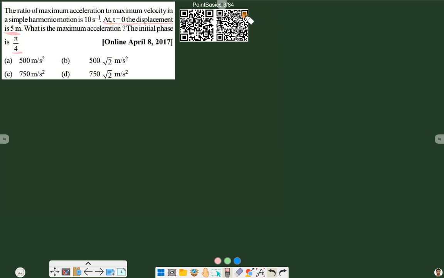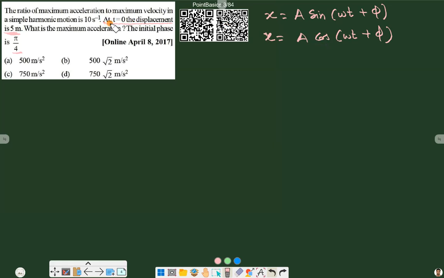If we are using x, then x can be a sine omega t plus phi, where phi is phase and omega is angular velocity, and similarly we can also have x is equal to a cos omega t plus phi. We can use either of these equations. It depends upon the type of question which we have been asked.